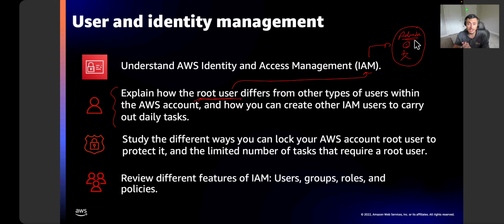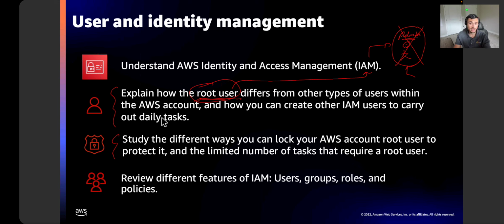That's a security best practice, because if the credentials for this user were exposed, we can always log back into the root and limit the permissions that account has. But we can't do that on the root user. So we want to limit the use of the root user for day-to-day activities.